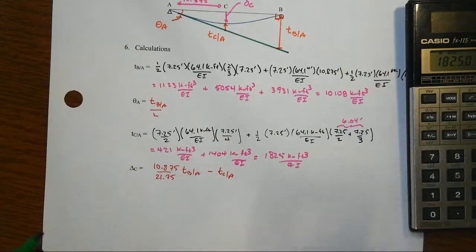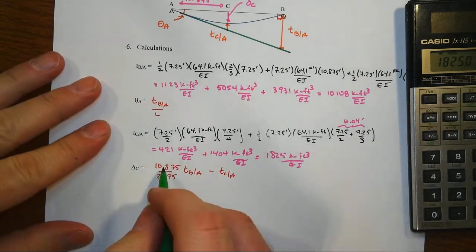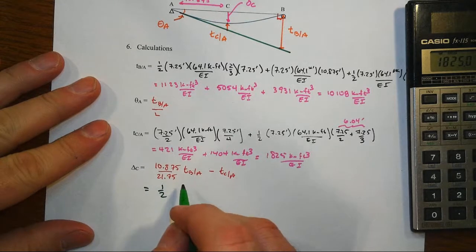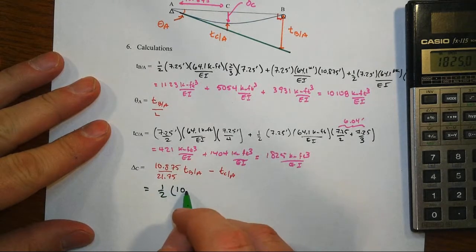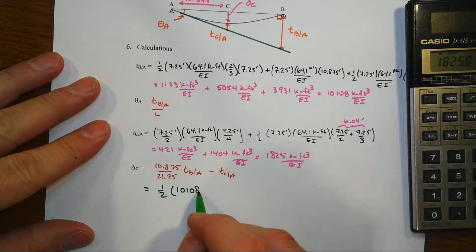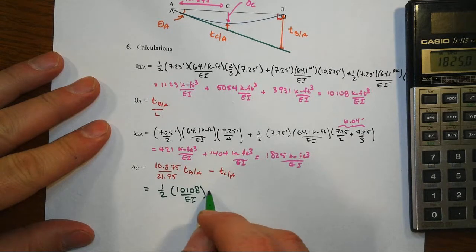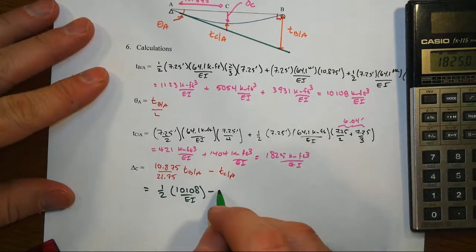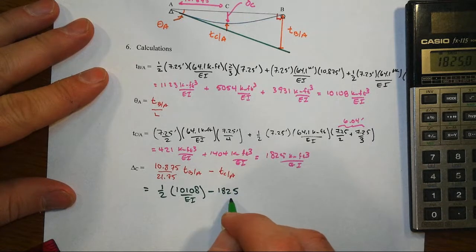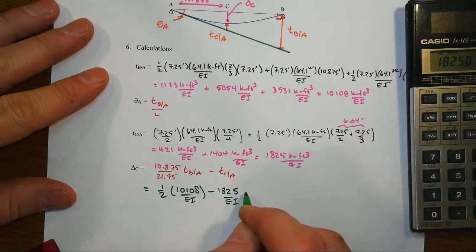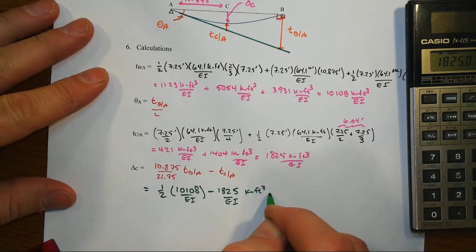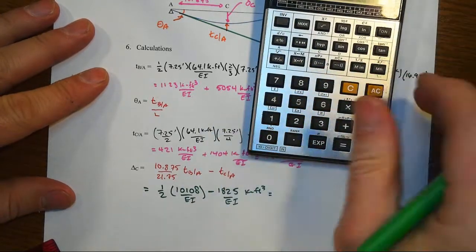That delta C then is going to be 1/2 of the TBA, which was 10,108 over EI, of course, minus 1825 over EI, and that's all kip foot cubed in that numerator.